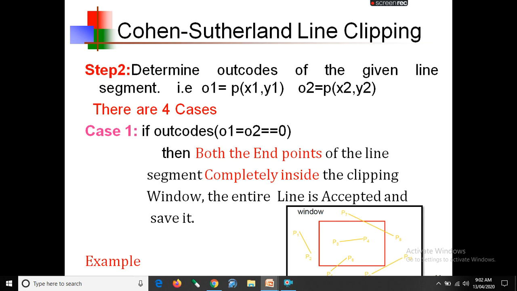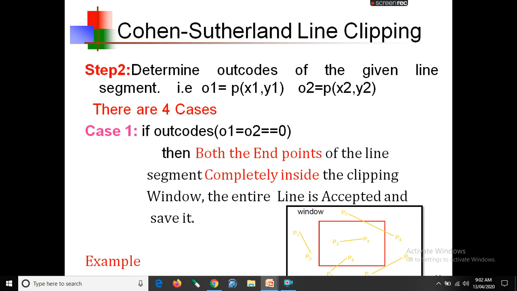Assume that in case 1, in step 1 we entered the two endpoints of the line segment, P1 and P2. In step 2 we determined the output of P1. Assume that the output of P1 is O1 and the output of endpoint P2 is O2.